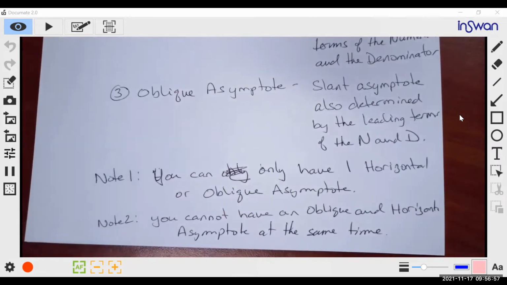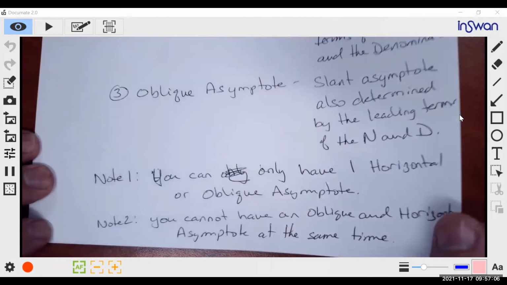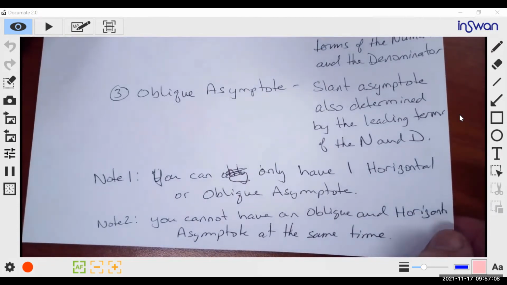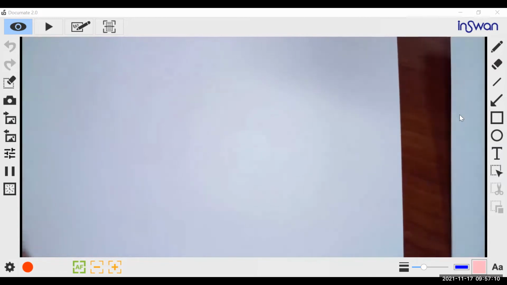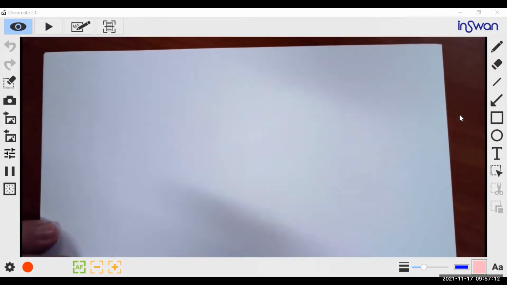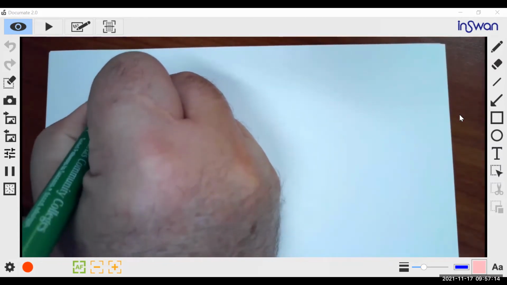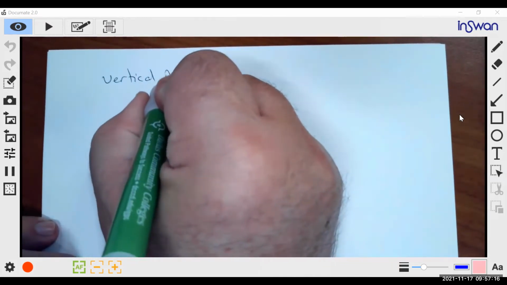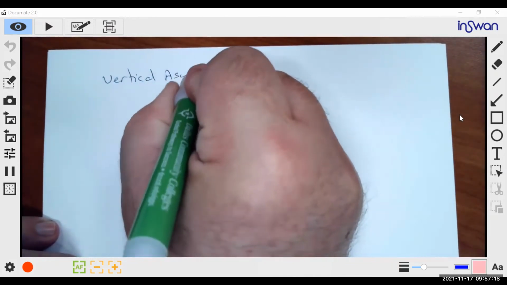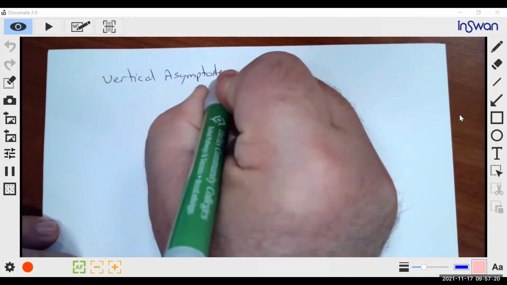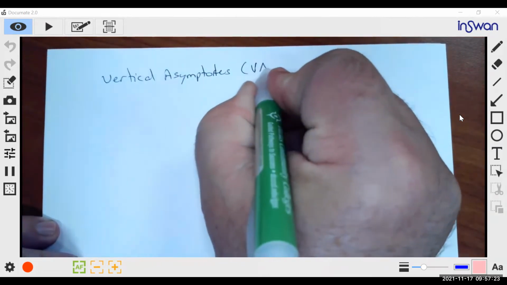All right, so this defines everything we need. The easiest to find is the vertical asymptote. Let's look at that. I'm going to call them VAs from now on.